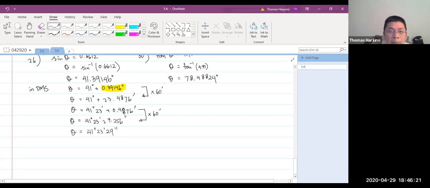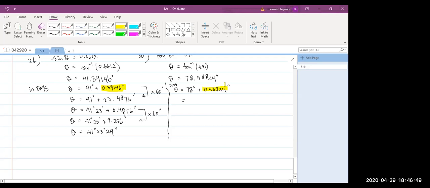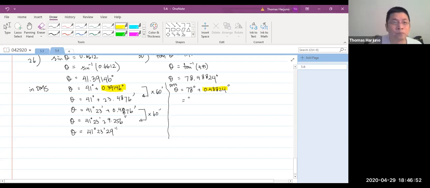I hope you see the pattern. Now let's try number 30 in DMS. This is 78 degrees plus 0.48824 degrees. Multiply the decimal part by 60 and we get 29.2944 minutes.